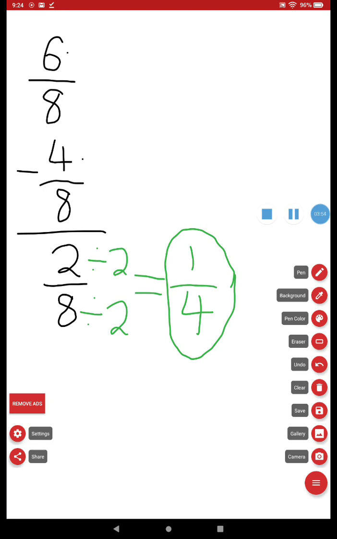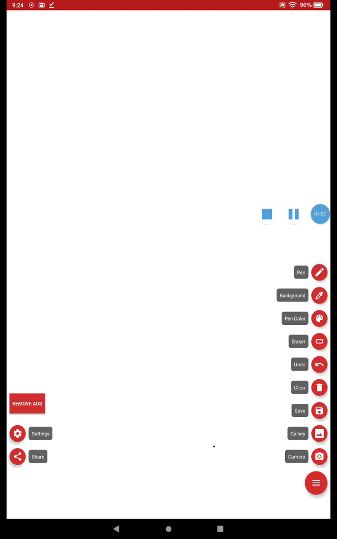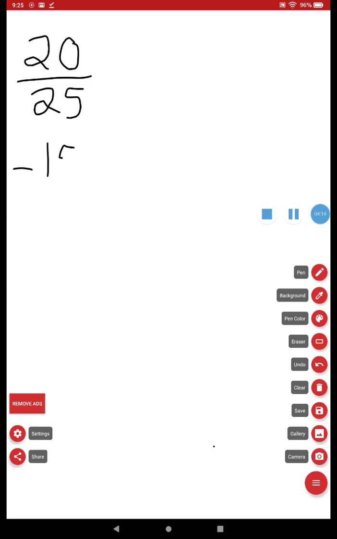All right, now let's do that one more time with a bigger fraction that we can't show on our rainbow fraction tiles. All right, so let's take a look at 20/25 subtract 15/25.